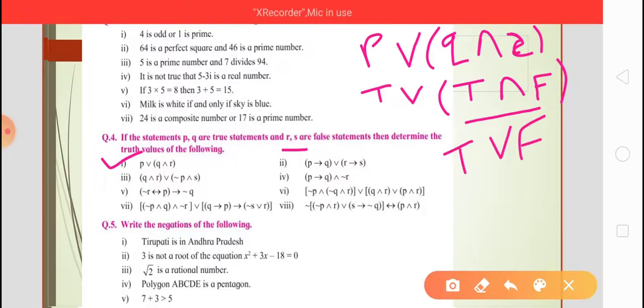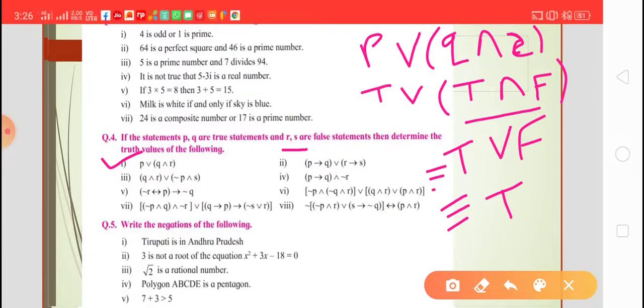Now also we know for the disjunction, what is the truth table? F, F, F, otherwise T. If both statements are false, then it is false, and if both are not false, the truth value for that statement is T. So the truth value for the first statement is T. Understand?